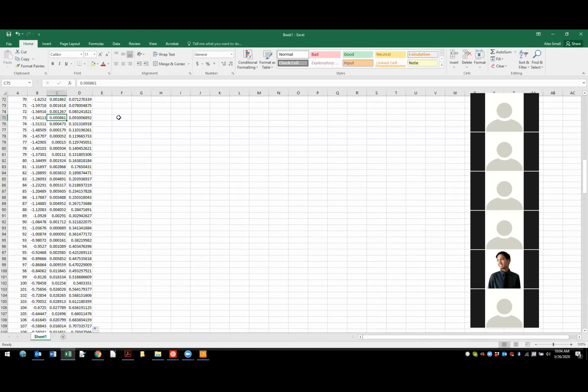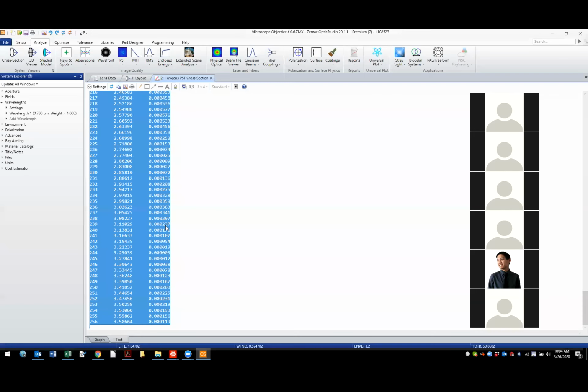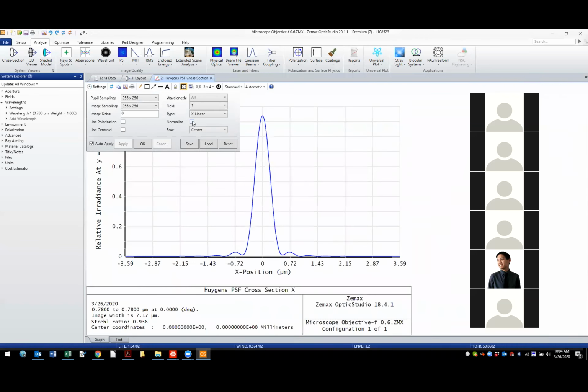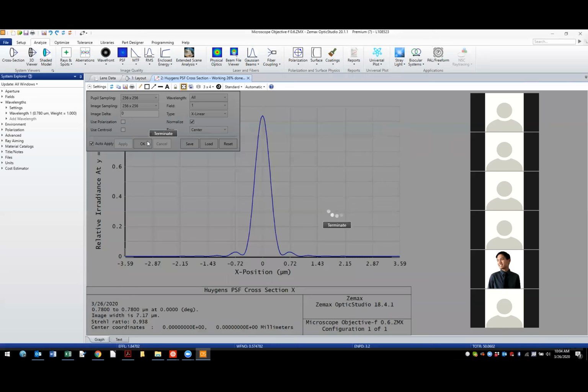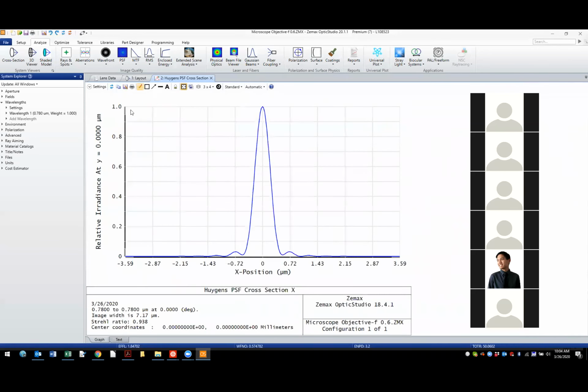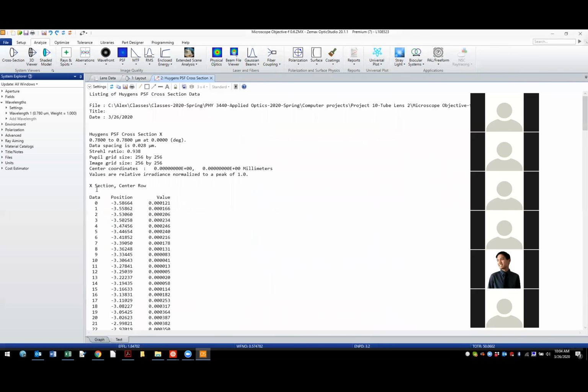And with these two expressions next to each other, oh, wait, you know what I didn't do? I didn't normalize. I didn't fix that maximum to be 1.